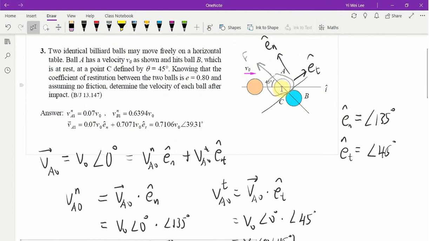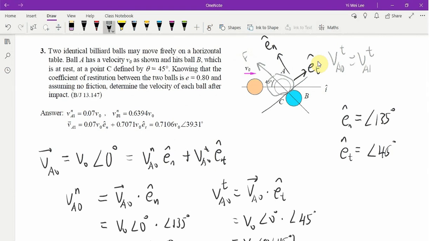This means that we don't have to take into account the forces exerted by particle B on particle A. If that is the only external force acting in the EN direction, this means that momentum along the ET direction must be conserved, and we can say with confidence that VA naught tangential prior to collision is equal to the velocity of A after collision, which is tangential to the collision plane.